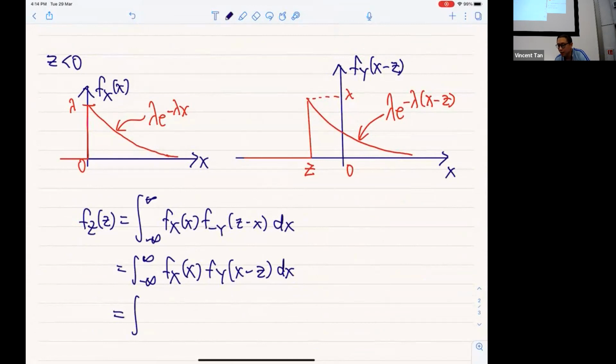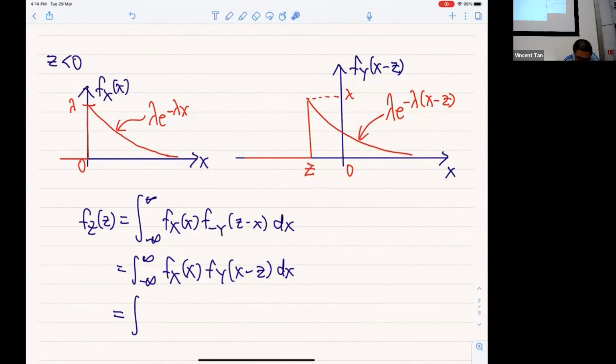Can someone tell me what limits to put? We want to multiply these two together to see where the positive, non-zero part is. You go point by point.